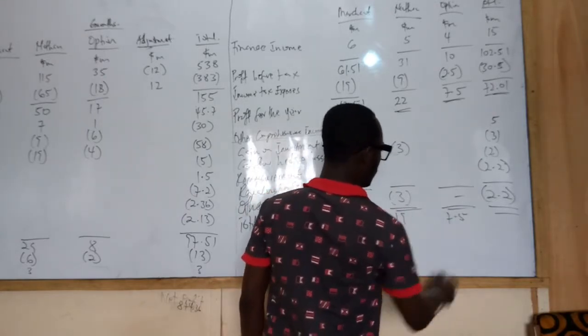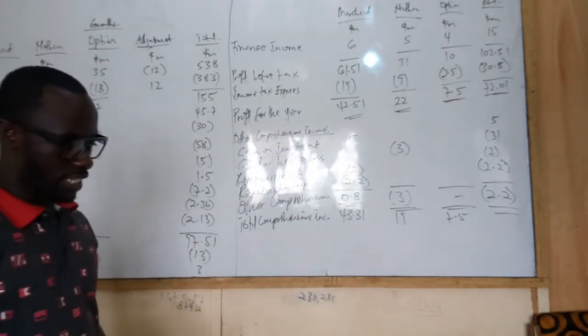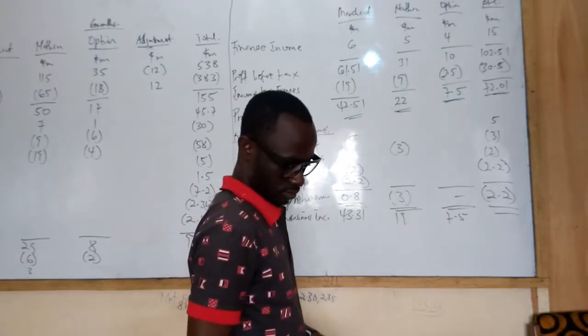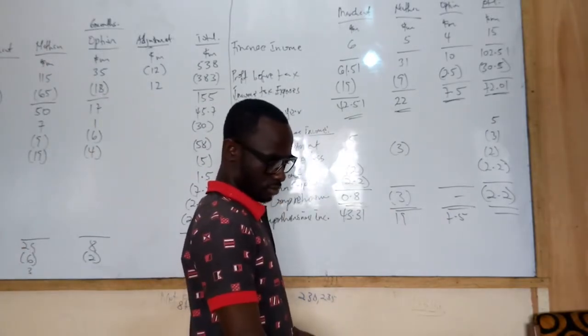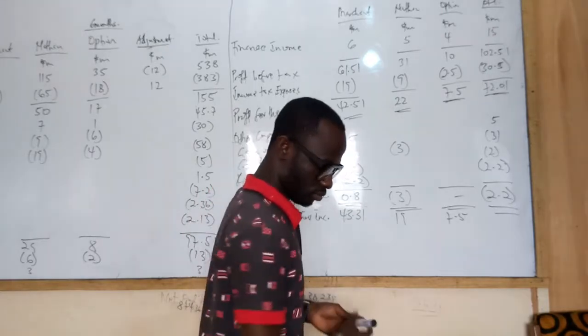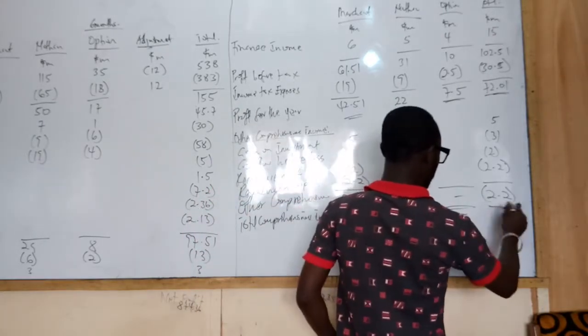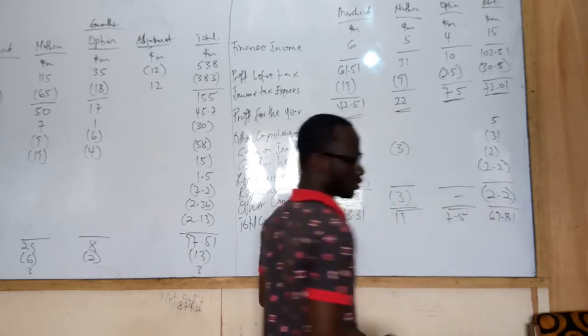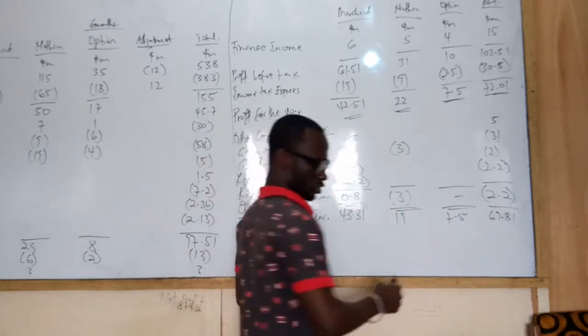This will still be 7.5. And then the net effect, 69.81. Good. So that's it.